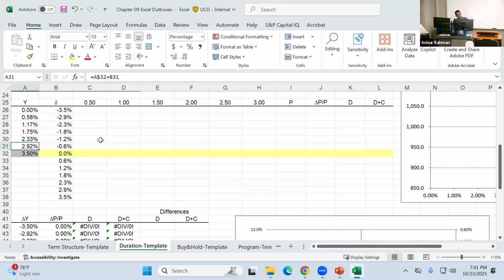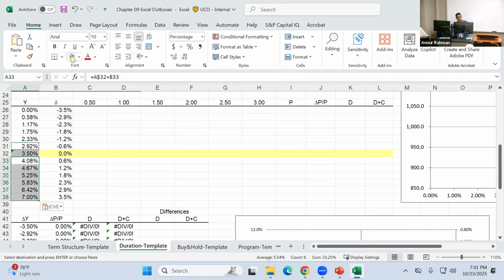And then copy paste this one. Highlight, right click, formulas.